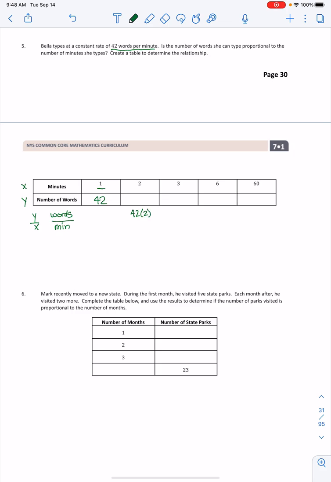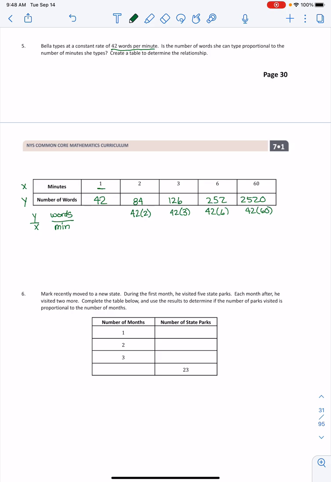So 42 times 2 is going to give me 84. 42 times 3 is going to give me 126. 42 times 6, oh, sorry, that's a 6, sorry about that, that's going to give me 252. And then 42 times 60 is going to give me 2,520.